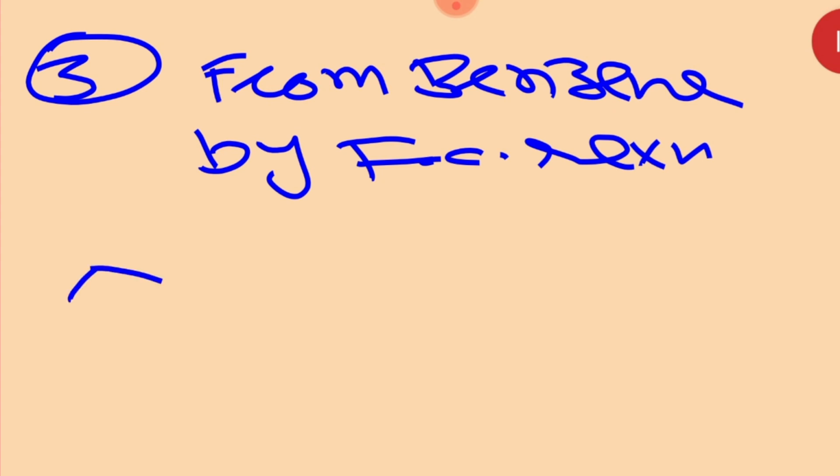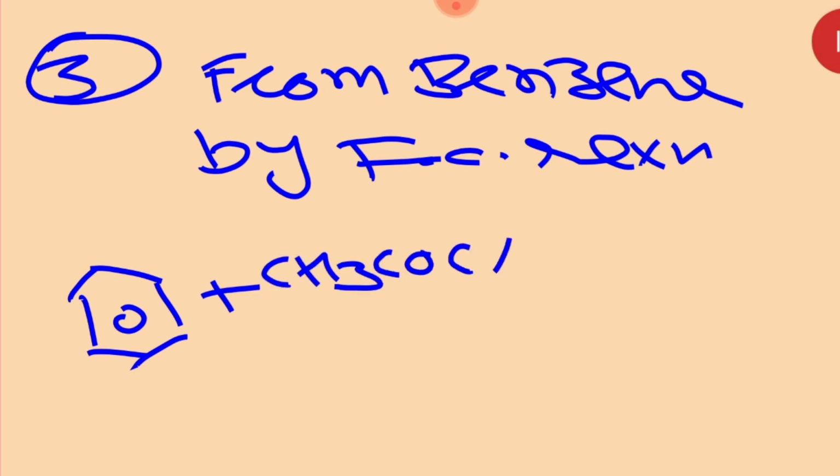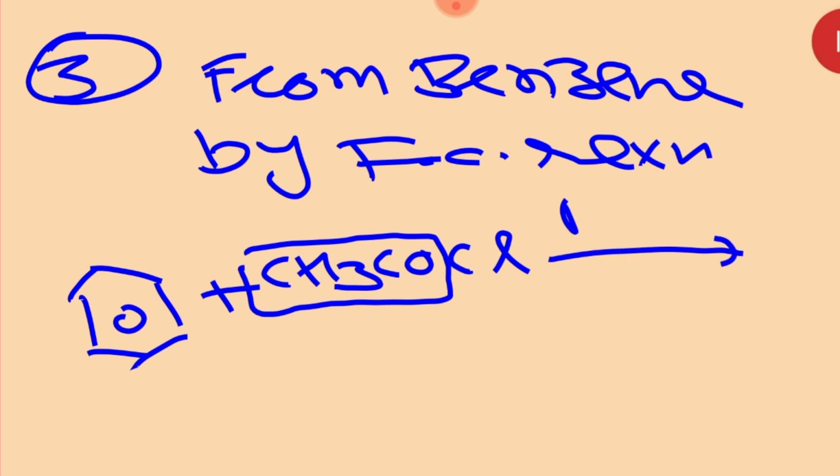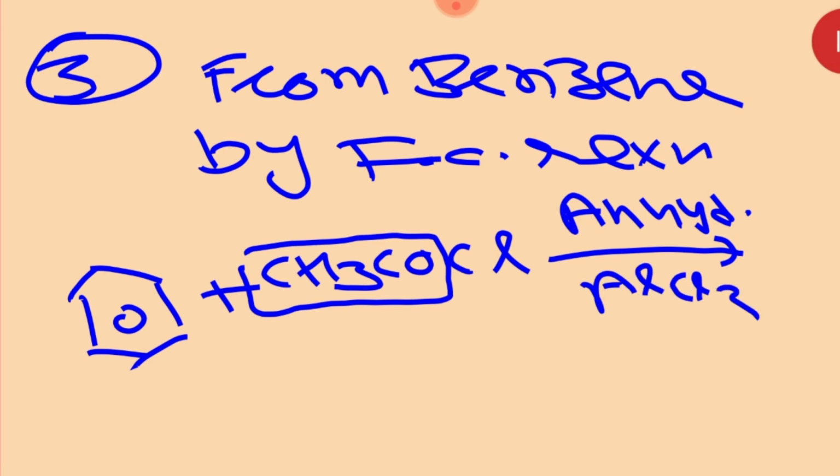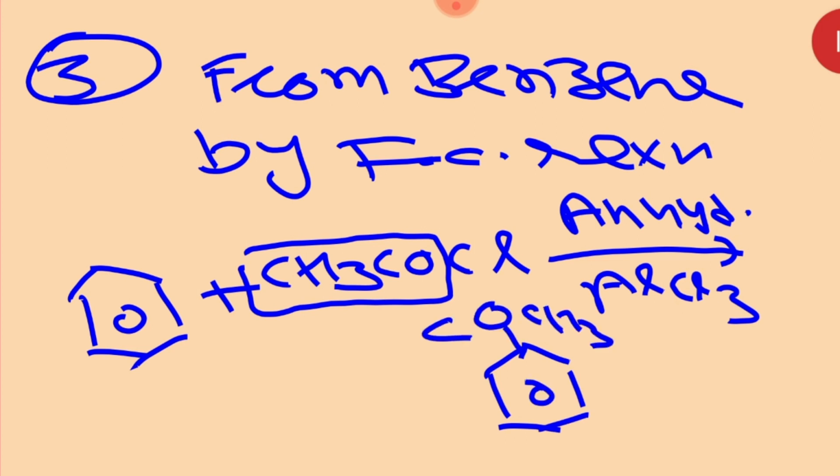You see, please, all of you. Let it be a benzene ring, and I am using CH3COCl. We know very well this is an acyl group. So many times we have done this reaction. This is with anhydrous AlCl3, and what we are getting over there: COCH3 plus HCl. Same way, students, what we have formed here is called acetophenone.